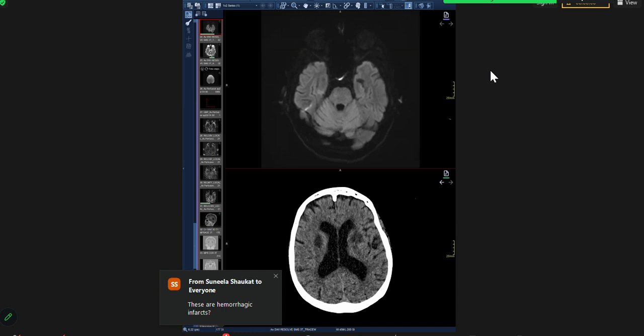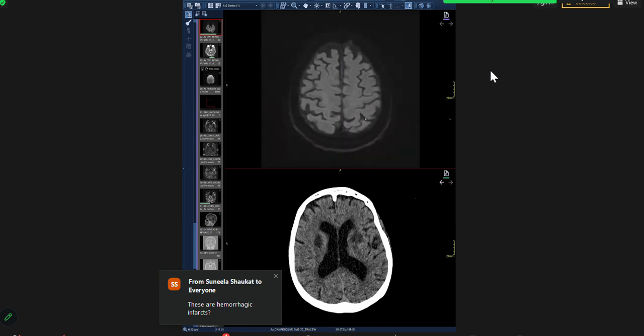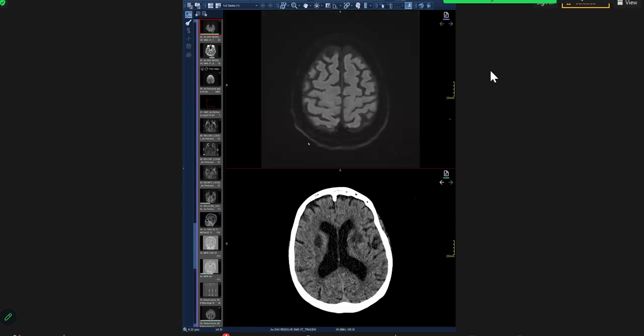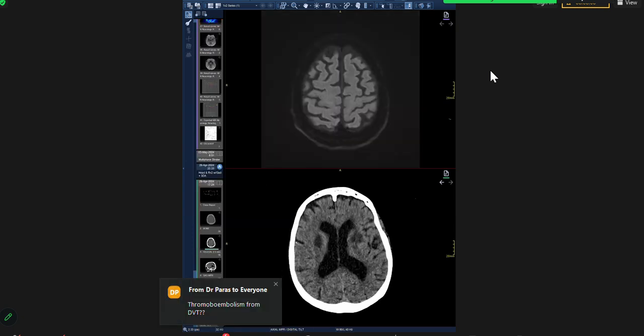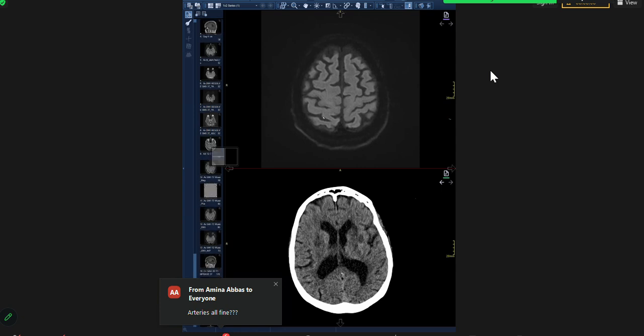They didn't think much about it because she does have some volume loss as well. So you see that for 57, she has more volume loss. And hemorrhagic infarcts, that one I don't know about. I will see whether we see any hemorrhage here, but here we can see the SWI images, the susceptibility.